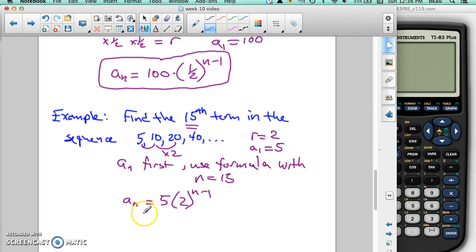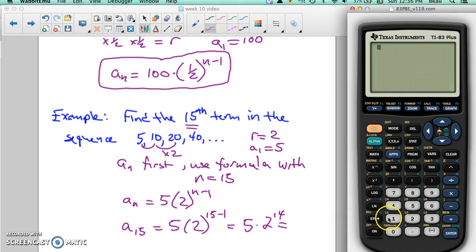Okay, and then I would use that formula to find a sub 15, which is 5 times 2 to the 15 minus 1 power, which is 5 times 2 to the 14th power. Let's just compute that out and see what that is.